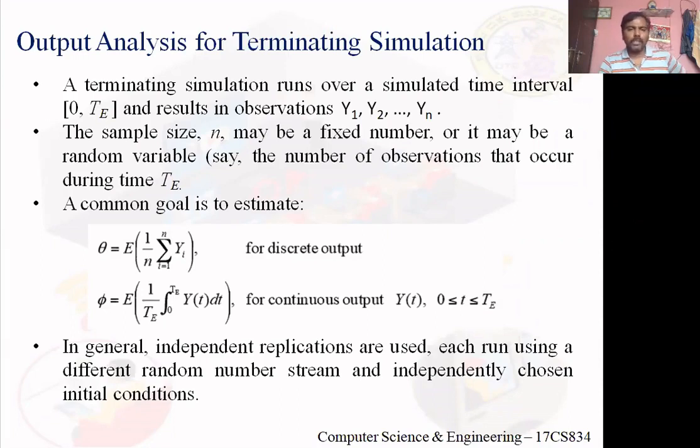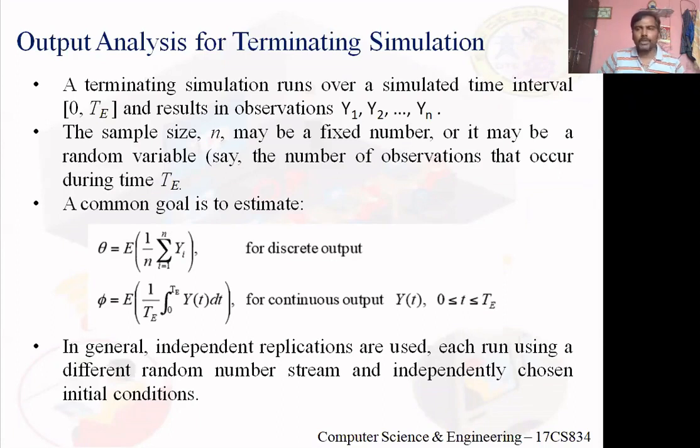Got it? So what about one more performance measurement? So one performance measurement is average response time. For the second performance measurement, let it be the average queue length in an entire day.